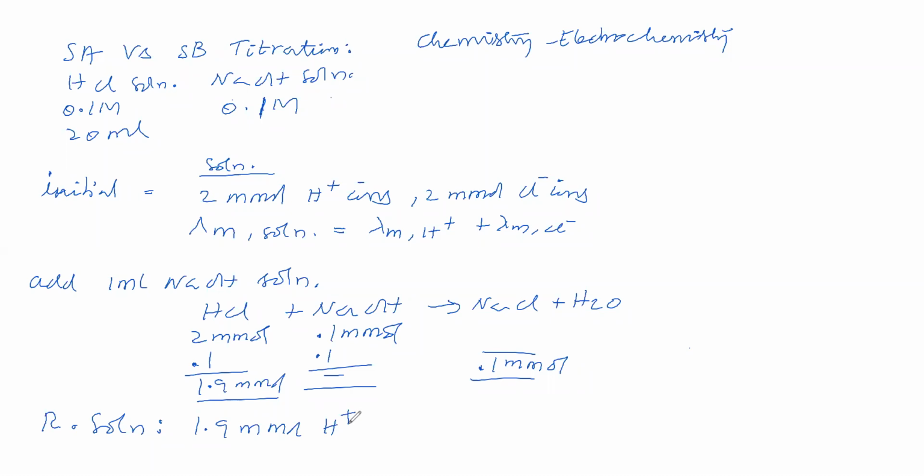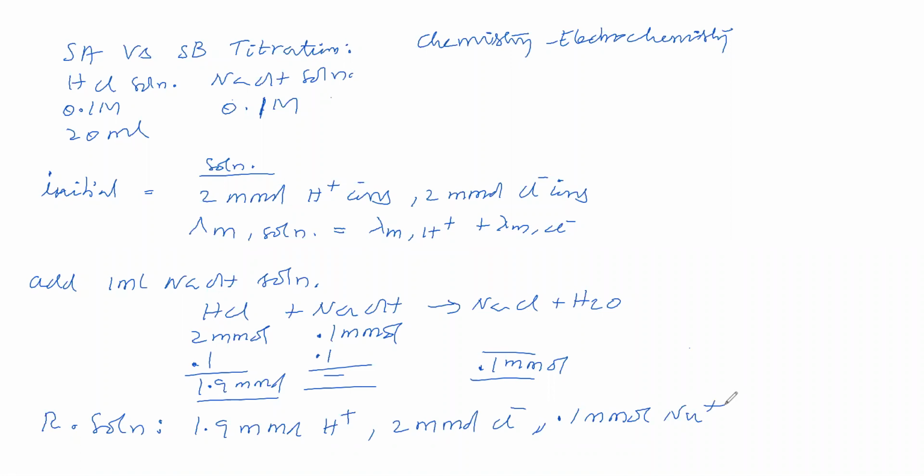Sodium chloride gives Cl minus, 0.1 millimole. So totally 2 millimoles of Cl minus ions. Then sodium chloride gives Na plus ions, 0.1 millimole of Na plus ions.